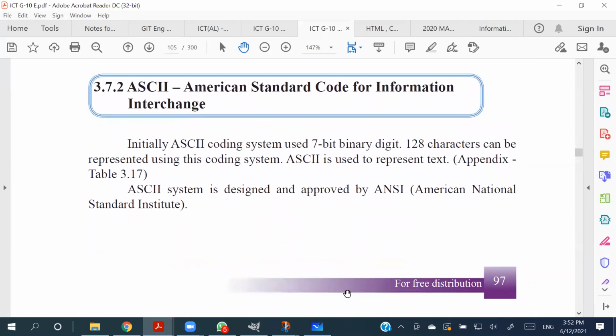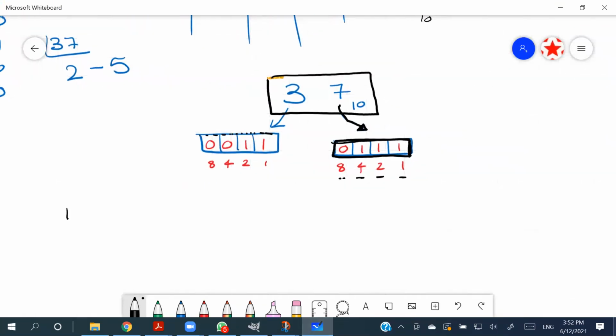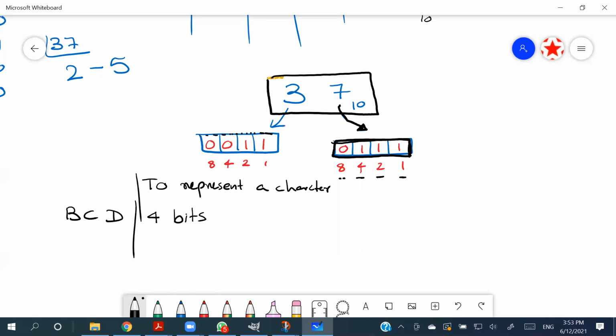ASCII code contains 7 bits. Previously, in BCD, they had only 4 bits to represent a character.